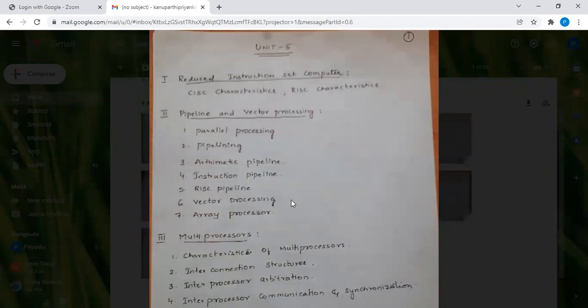Many computers have instruction sets that include more than 100, and some systems might have more than 200 instructions even. It depends on the computer system that we have, on the system we will be having instructions.